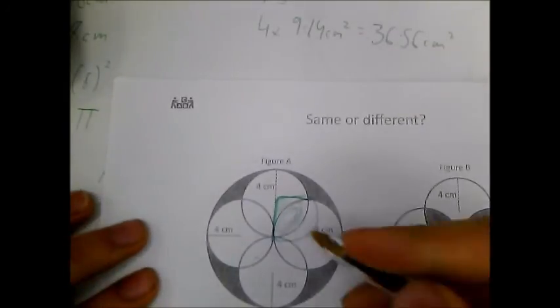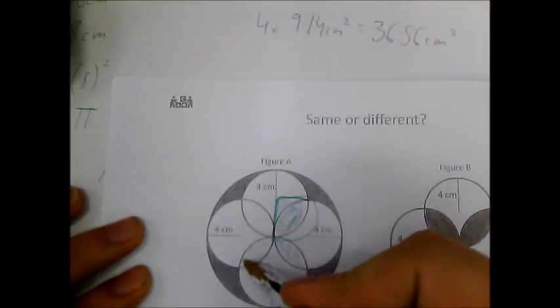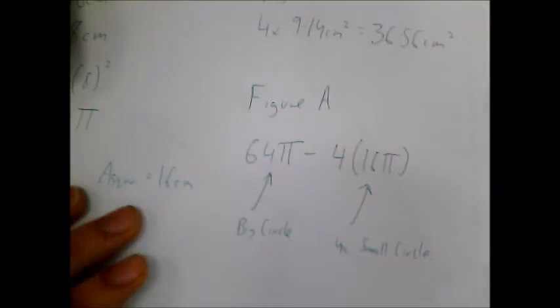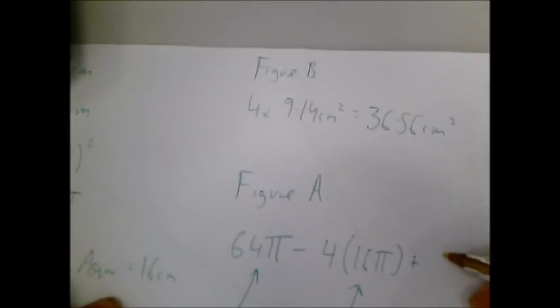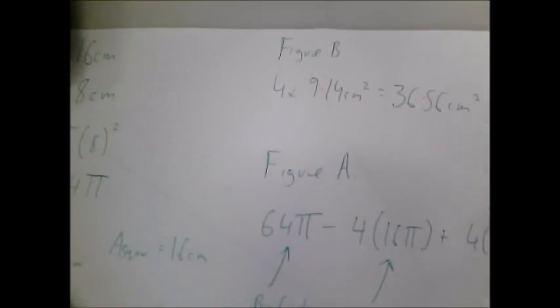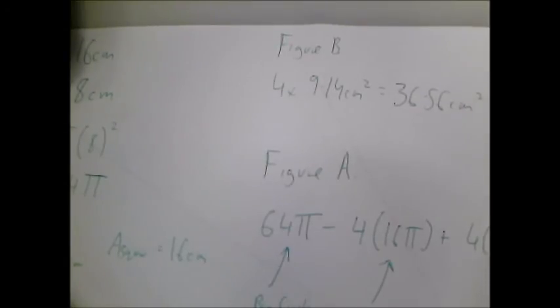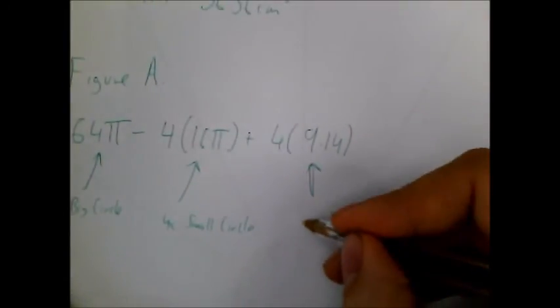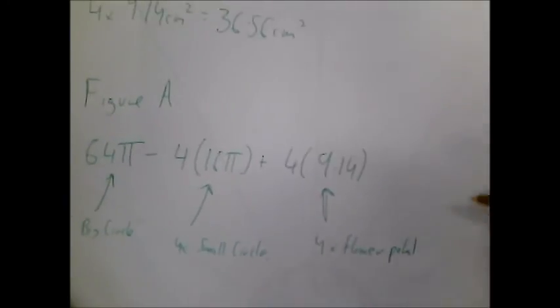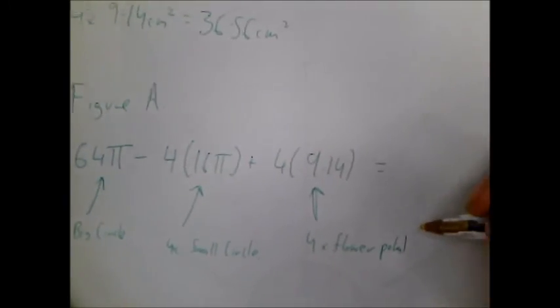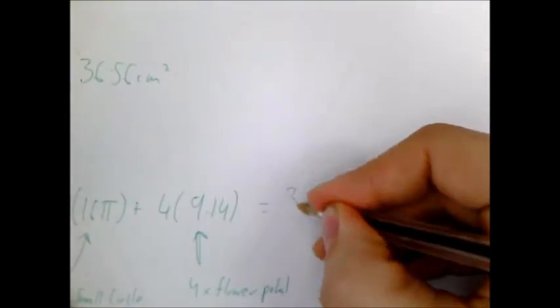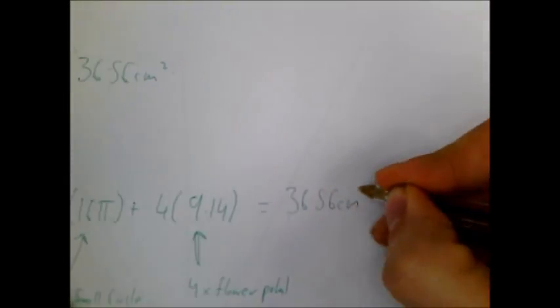So if we look back, we need to add these bits back on. So now we just add on 4 lots of our flower petal shape, which was 9.14. If we put that into our calculator, we actually get the same answer as we got for figure B, 36.56 centimeters squared. So actually for figure A and figure B, we get the same area.